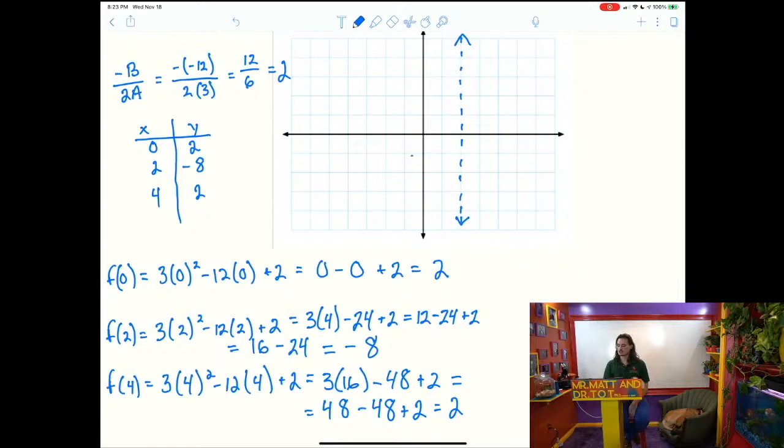At x is equal to 2, y is equal to negative 8, so that's this point right here. And when x is equal to 4, y is equal to positive 2. So now I have enough information to plot out a sketch. So it would look something like this.